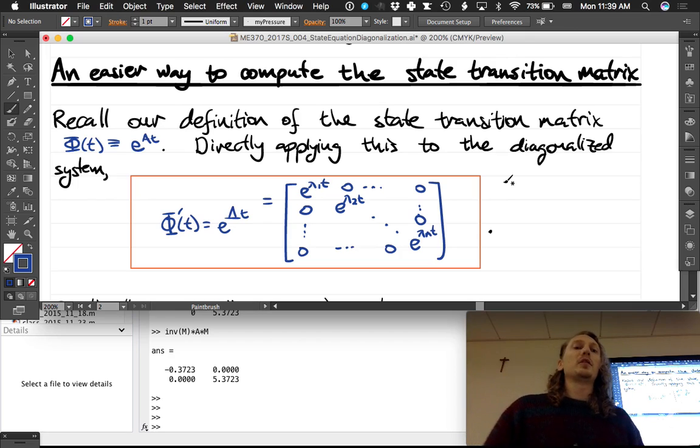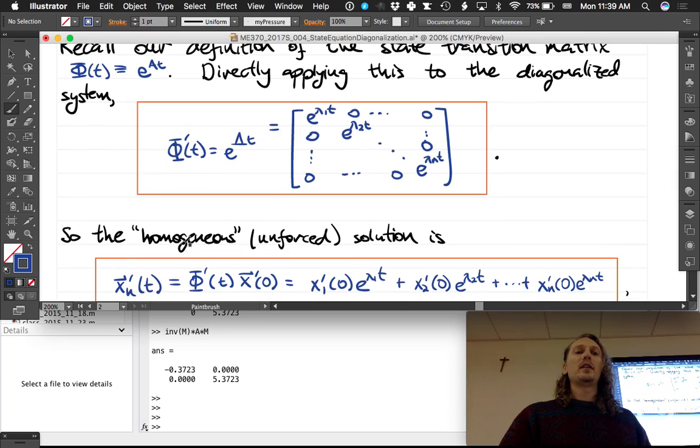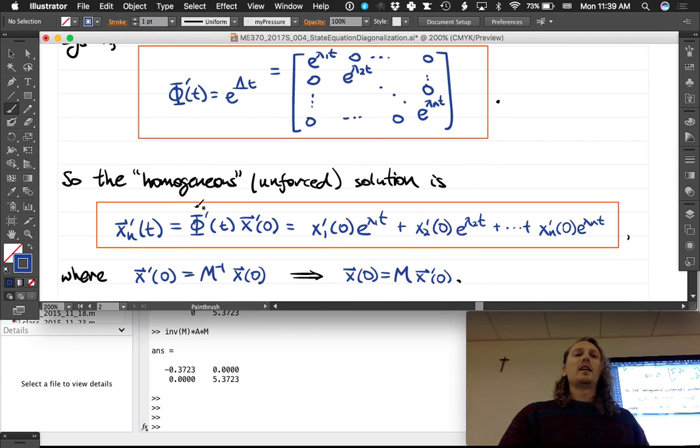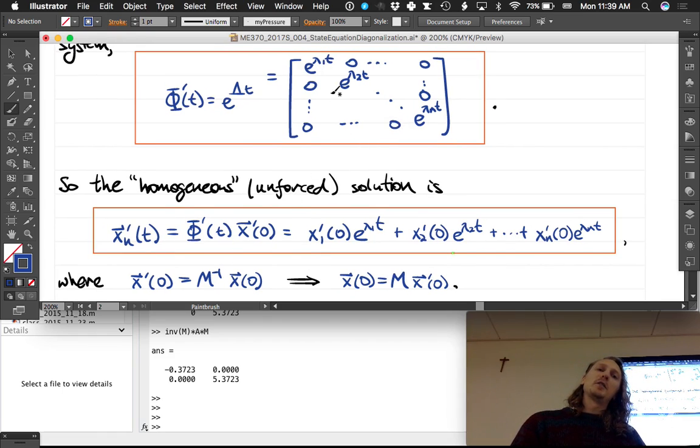So remember, if we have phi prime, we can find the homogeneous or unforced solution immediately. When you multiply a diagonal matrix by something, so this is phi prime times the initial condition, you just take the initial condition in each variable and multiply it by e to the lambda 1 or 2, whichever term it lands on, t.